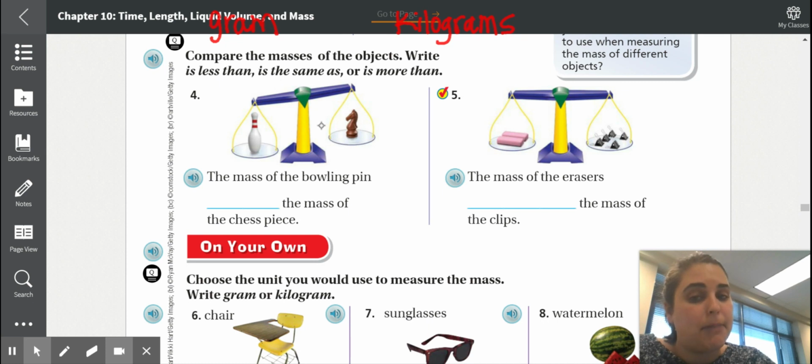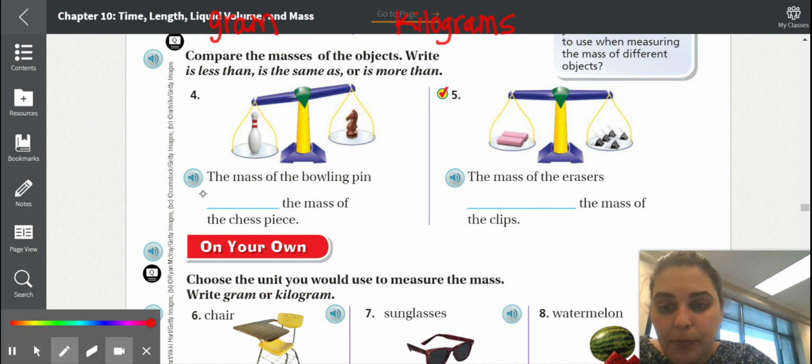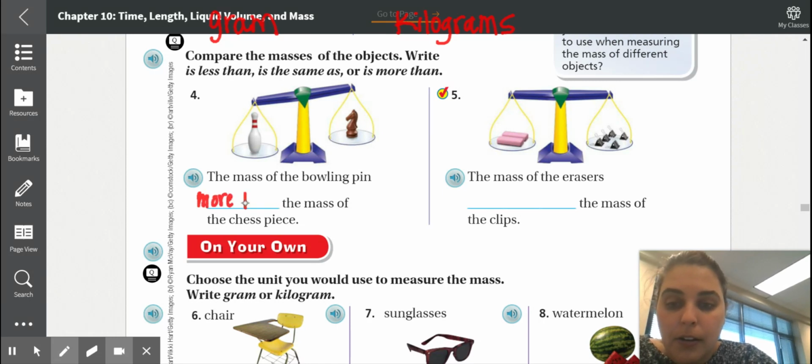Are they the same mass, or is it more? Looking at the pan balance, the bowling pin is closer to the ground, so we know it's heavier. So the mass of the bowling pin is more than the mass of the chess piece.